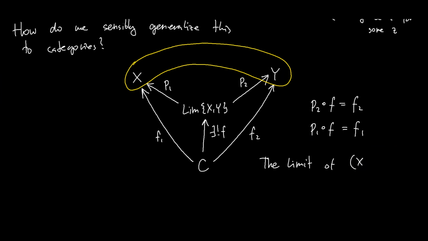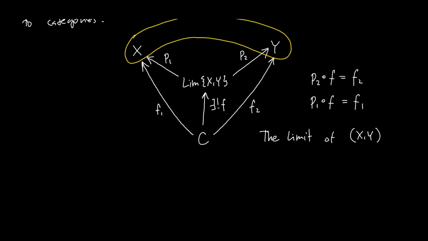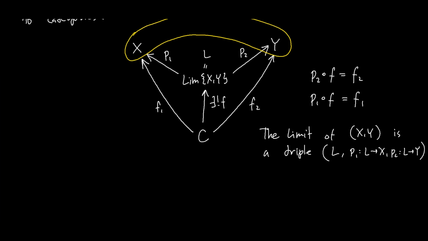So a limit of the pair, the ordered pair x, y, is a triple consisting of some object L. So this is my L, and arrows P1 going from L to X, and P2 going from L to Y. And maybe if I'm thinking of this as a sequence, it would have been more natural to denote these objects by X1 and X2.